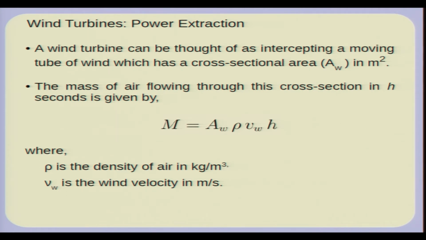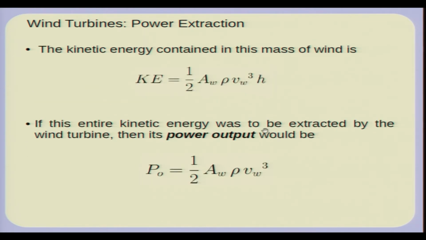Now, this amount of mass is flowing in h seconds, and therefore, the kinetic energy in this tube of wind is half mass into speed square, and that is why we get this formula. So, in fact, the power output, when you divide it by h, you will get this.